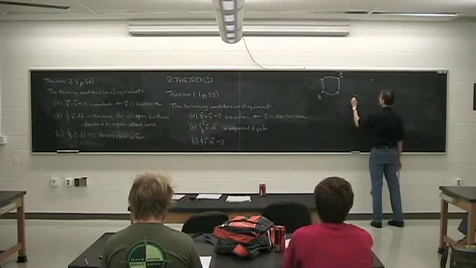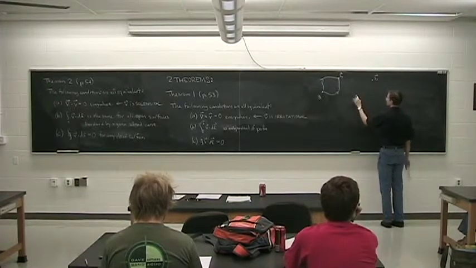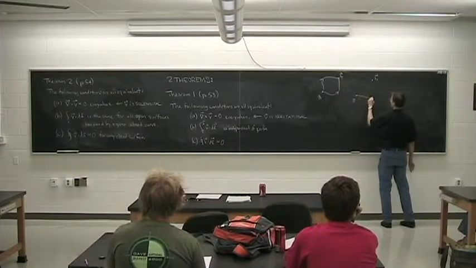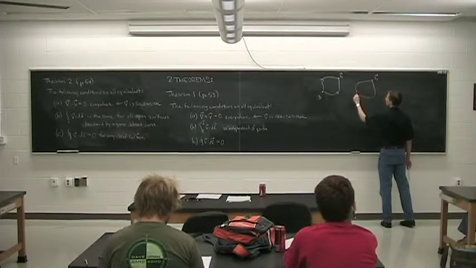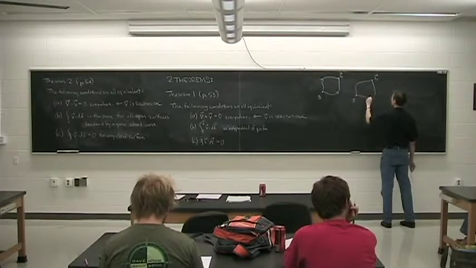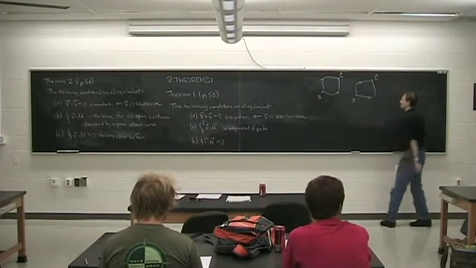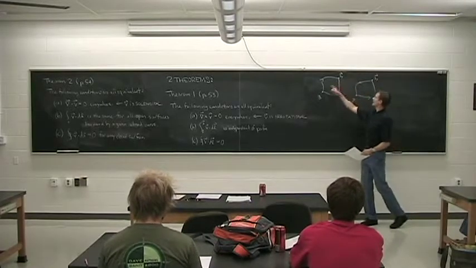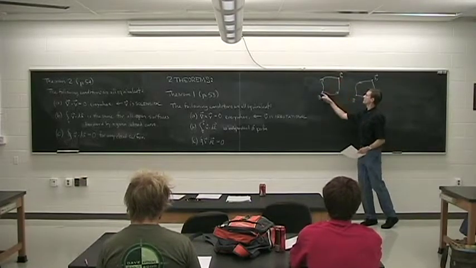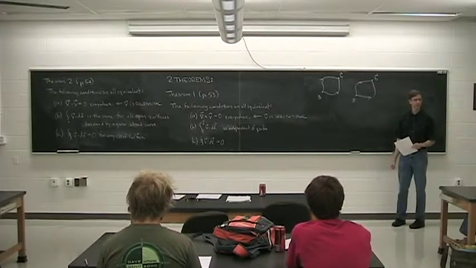The reason being that if I make a closed path, then I have to traverse one of them in the opposite direction that I traversed the first one.